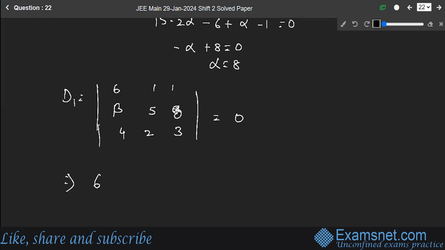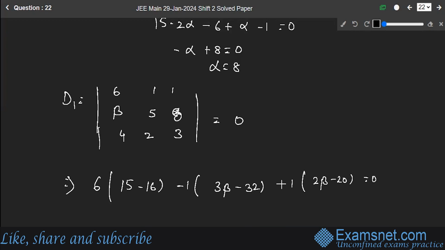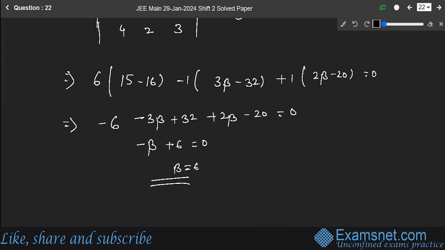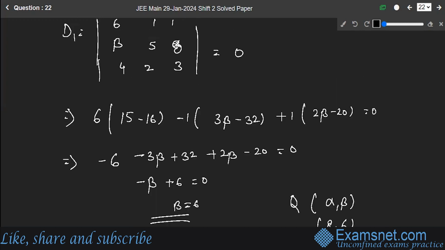You have 6 into (15 minus 16) minus 1 into (3 beta minus 32) plus 1 into (2 beta minus 20) is equal to 0. This will give me minus 6 minus 3 beta plus 32 plus 2 beta minus 20 is equal to 0, so minus beta plus 6 is equal to 0, and beta's value is 6. Therefore, the point Q, which was alpha, beta, is 8, comma 6.